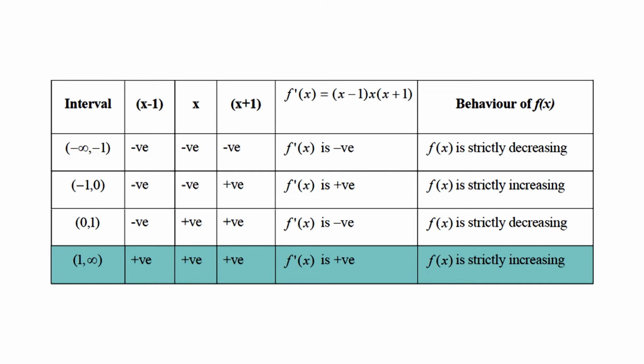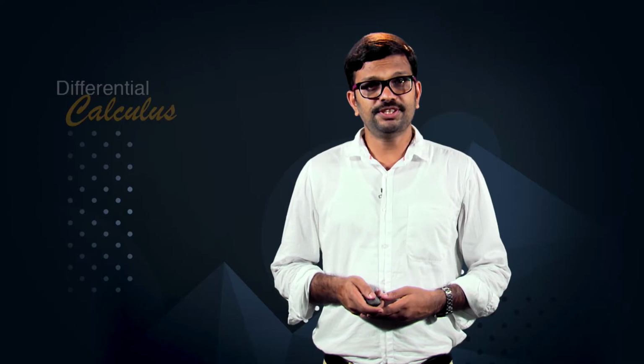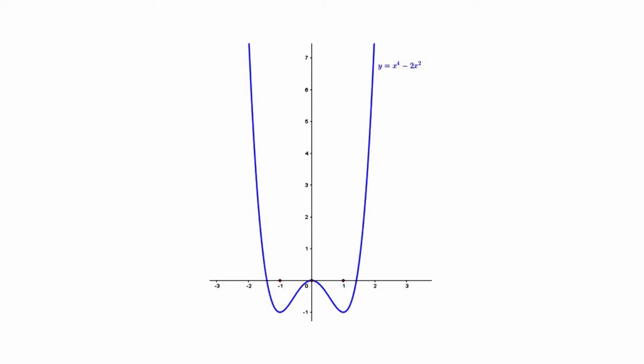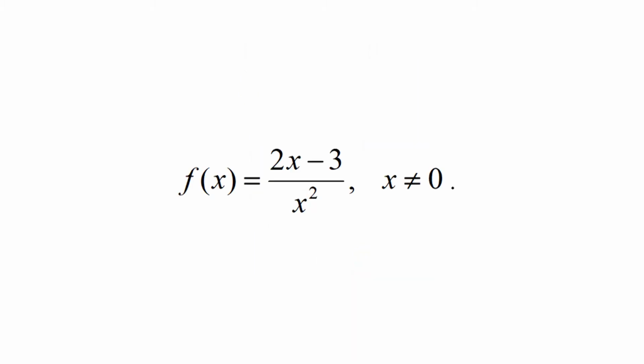So, their product f'(x) is positive, and hence f(x) is strictly increasing. These conclusions can be verified by looking at the graph of the given function. For more clarity, let us consider another function, say f(x) equal to 2x minus 3 divided by x squared for x not equal to 0.